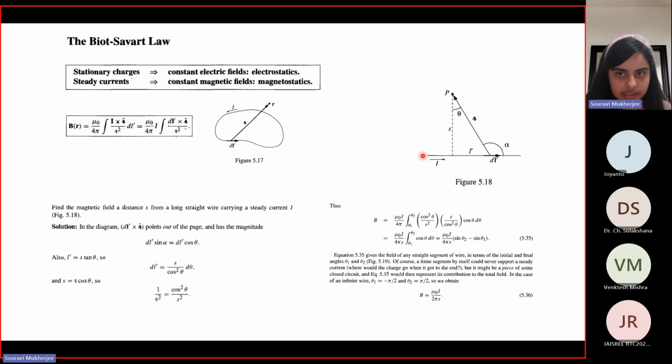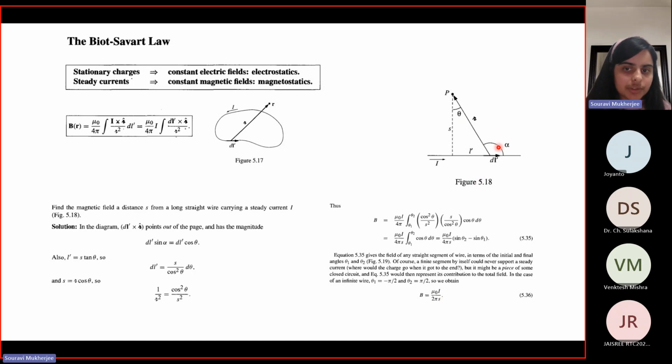Based on the length of your wire, different angles will be subtended. If you have an infinite wire, the angles subtended will be pi by 2 and minus pi by 2 for the two ends of the wire, considering them to be at infinity. So there you have a very simplified form of the magnetic field. This is the magnetic field for an infinite current carrying wire at a distance s from the wire.